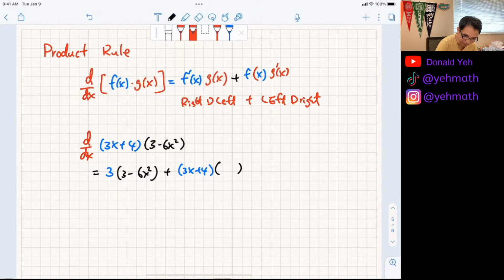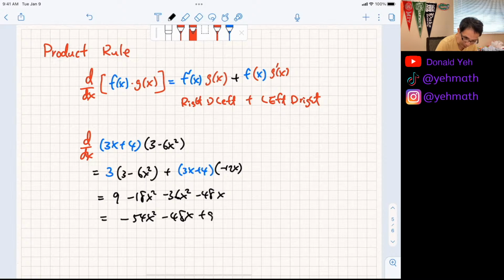There you go. So that's equal to 9 minus 18x squared. And this one's going to be minus 36x squared, and minus 48x. So it'd be negative 54x squared minus 48x plus 9. And that's my final answer.